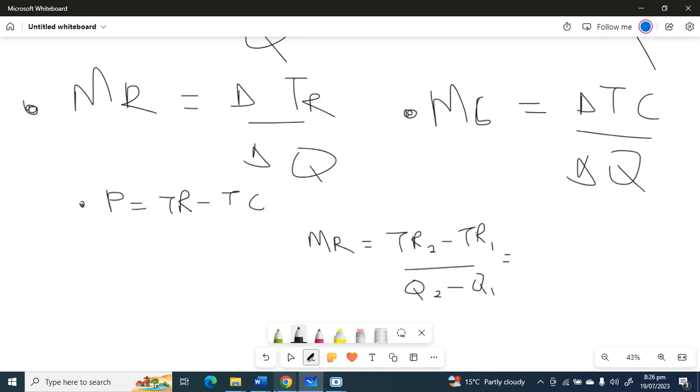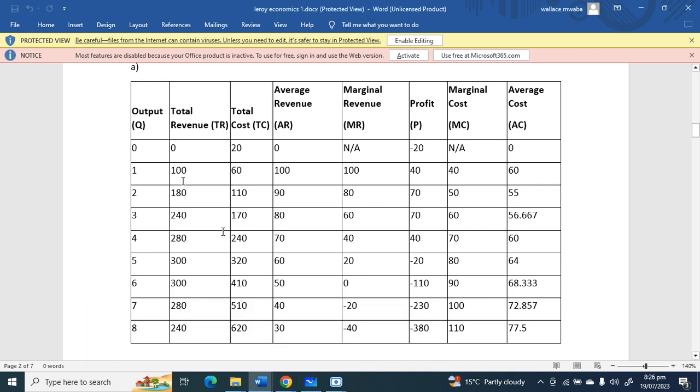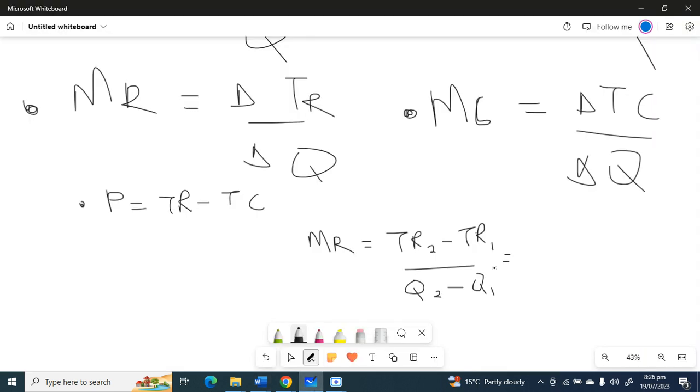So if we look at the table here, we'll say our TR2 is 100, TR1 is 0. Then our Q2 is 1 and our Q1 is 0.